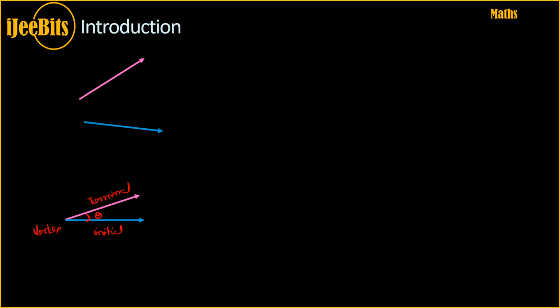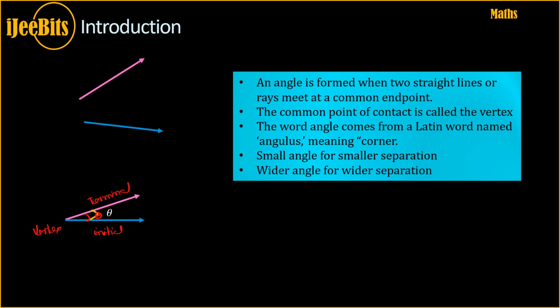The theta value depends upon how much separation I have between these two lines. If I have a wider space, it is a wider angle; a smaller space is a smaller angle. Clear? So I'm repeating, an angle is formed when two straight lines or rays meet at a common endpoint.